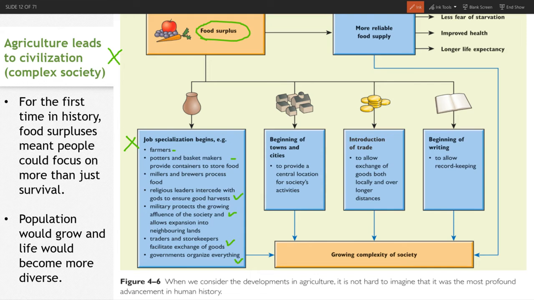Okay. So your more reliable food supply has these main benefits: less fear of starvation, improved health overall, longer life expectancy. And these things here contribute to the population increase we were talking about. You get beginnings of towns and cities. You get some centers that develop more than others, perhaps due to location.